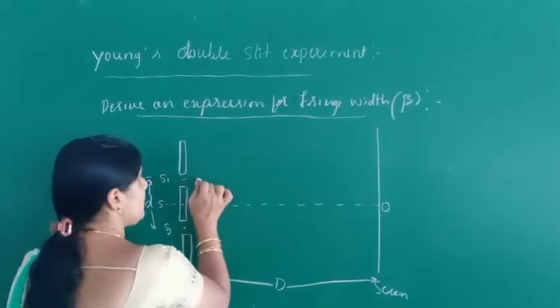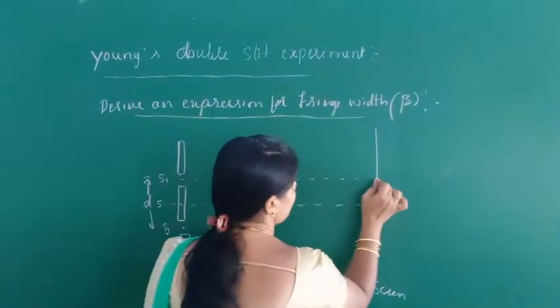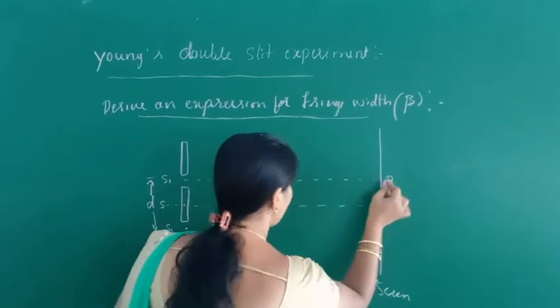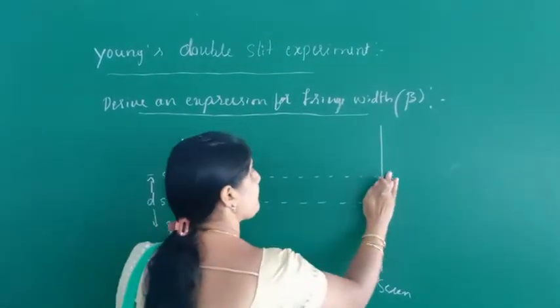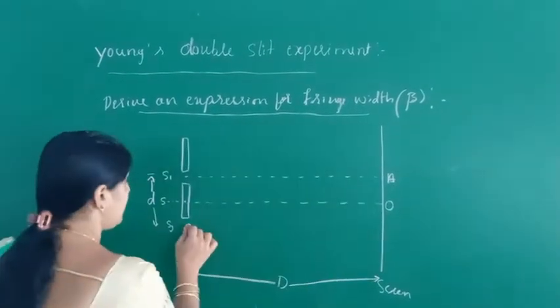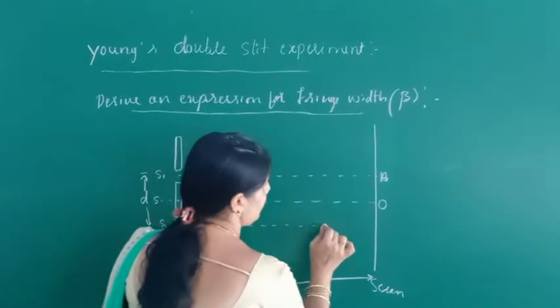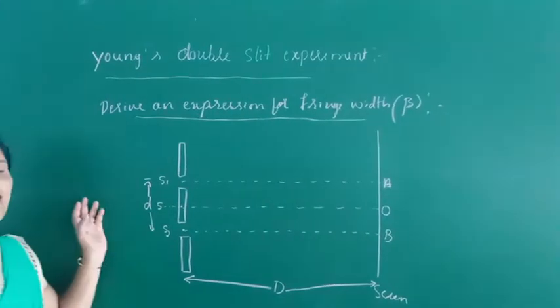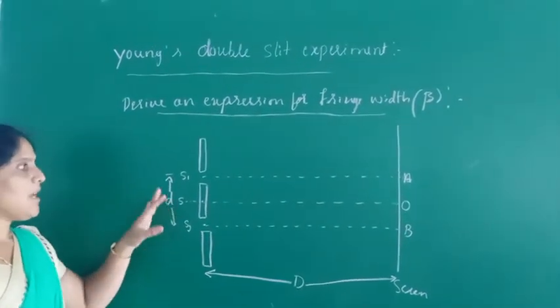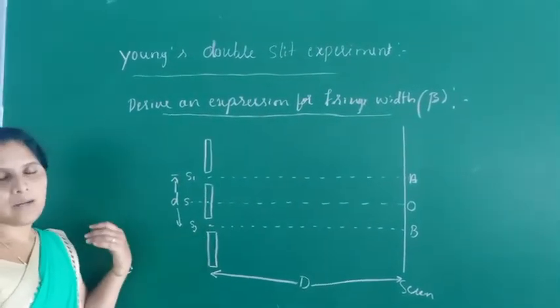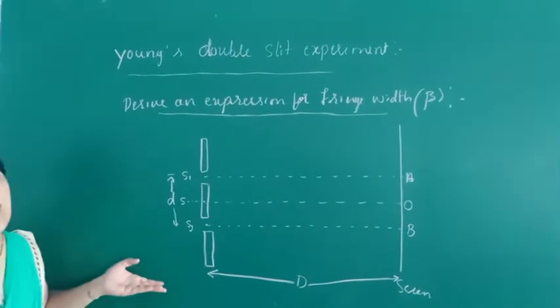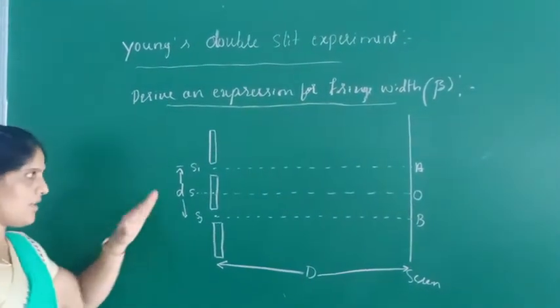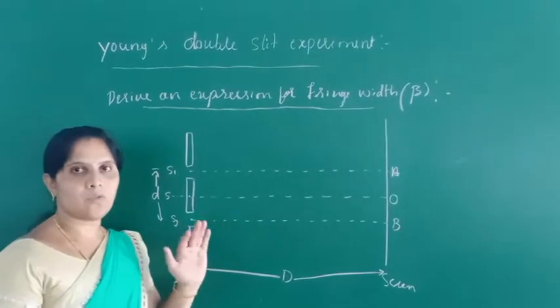The line joining the slit S1 and the screen can be taken as A. The line joining the slit S2 and the screen will be taken as B. When light from the source is made to fall on these double slits, they act as coherent sources. S1 and S2 are the coherent sources.